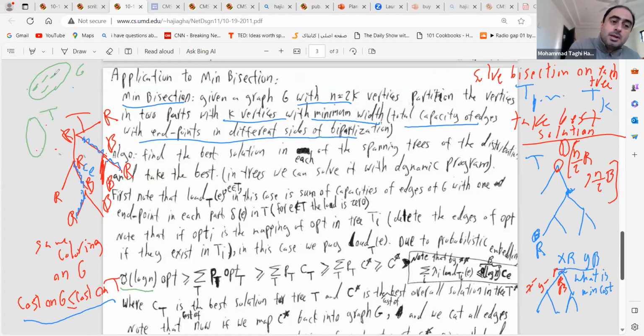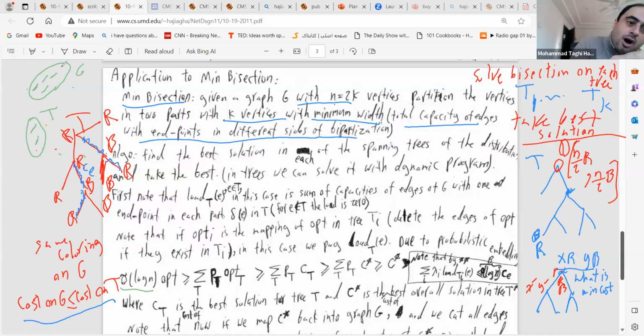How? If you cut some of these edges, maybe not all of them, if an edge exists in a tree, you will cut it in each of these trees. If it does not exist, don't cut it because it does not exist.